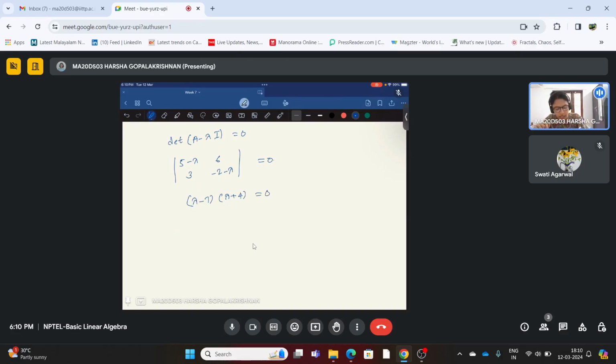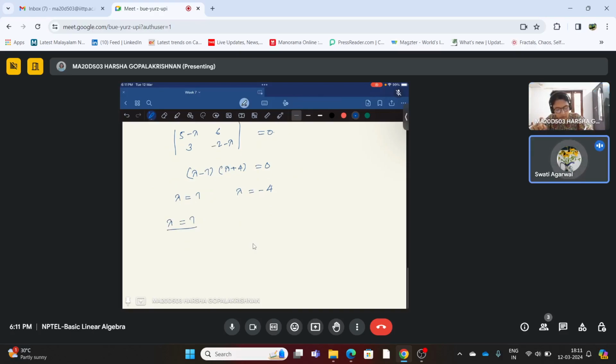So what are the eigenvalues? Lambda equal to 7 and lambda equal to minus 4. How should we find the eigenvector corresponding to lambda equal to 7?